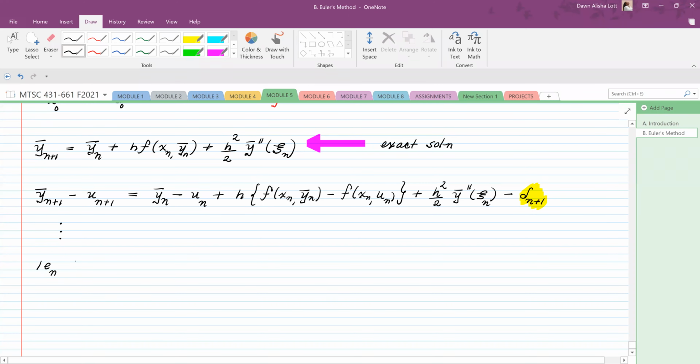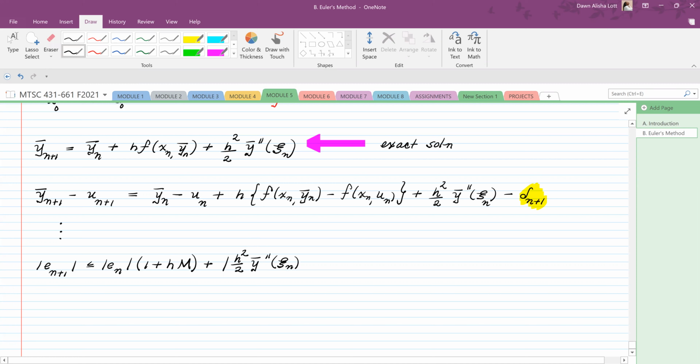E n plus 1 is going to be less than or equal to the absolute value of E n times 1 plus h times capital M, plus the absolute value of h squared over 2 times y bar double prime at c n.